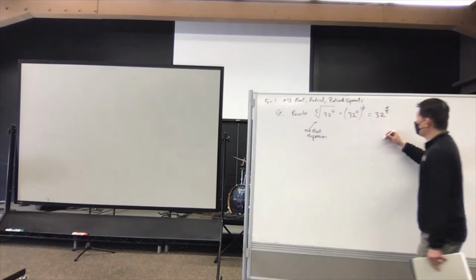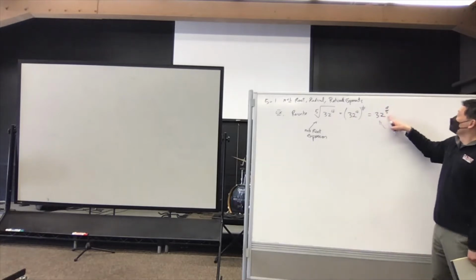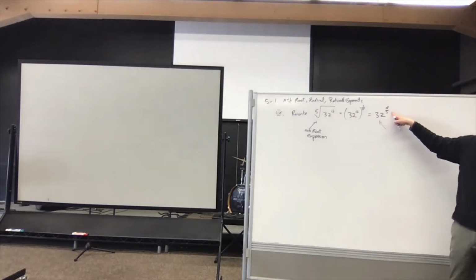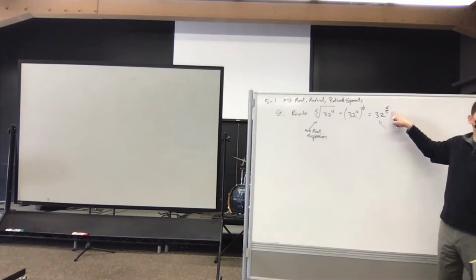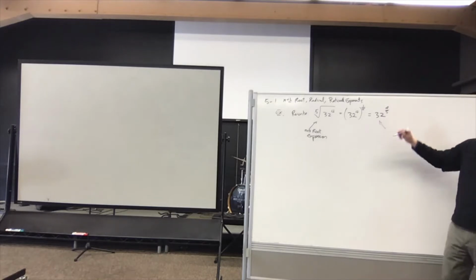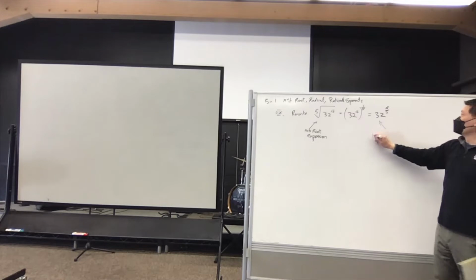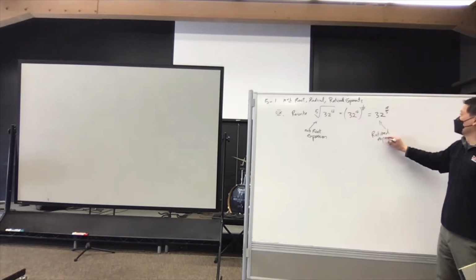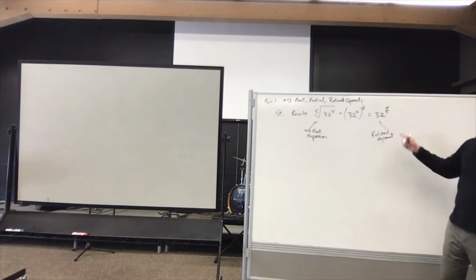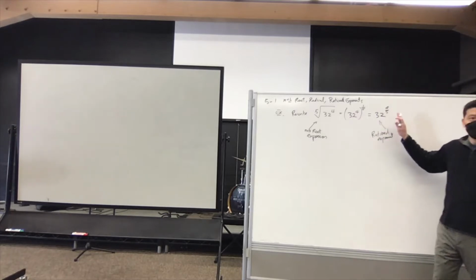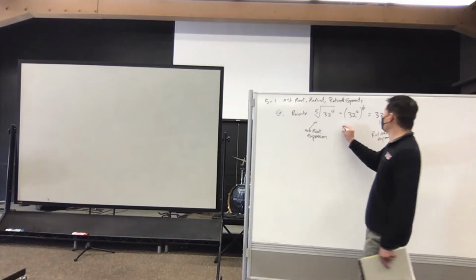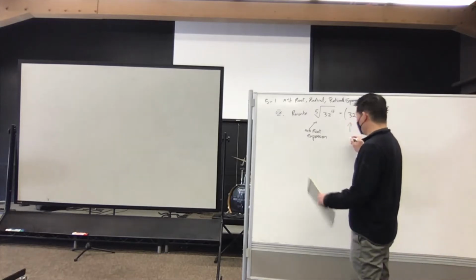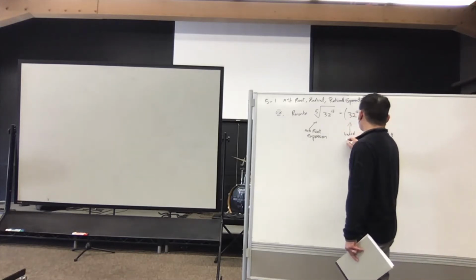So in this case, you have an exponent that is a fraction. In mathematics, we term that rational. So this is a rational exponent. This has a term with a rational exponent. And this is just a valid process.